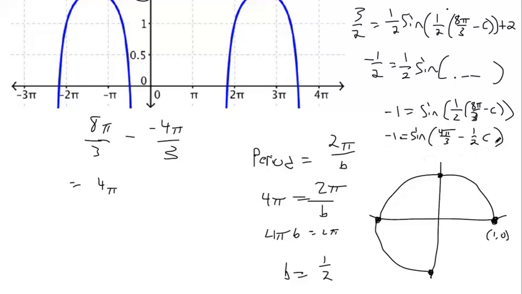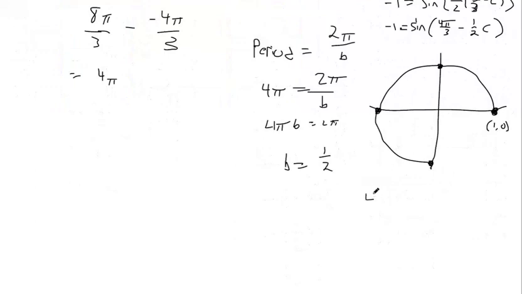So what does this have to be? We set up a quick equation: 4 pi over 3 minus 1/2 c equals 3 pi over 2.